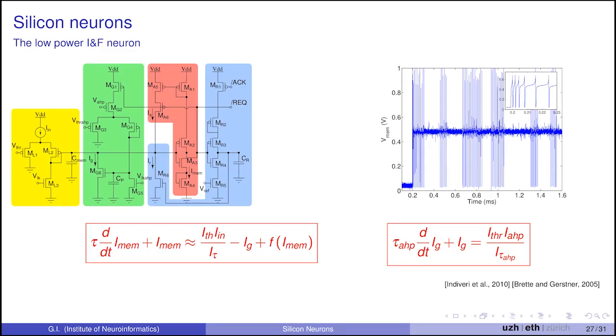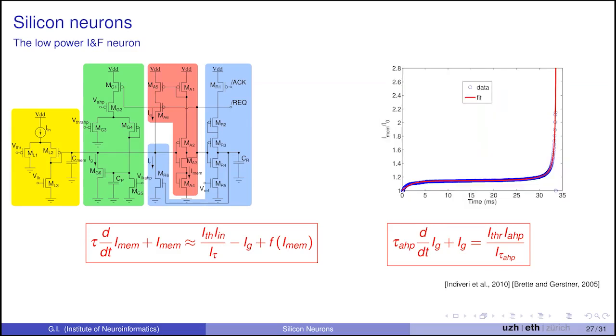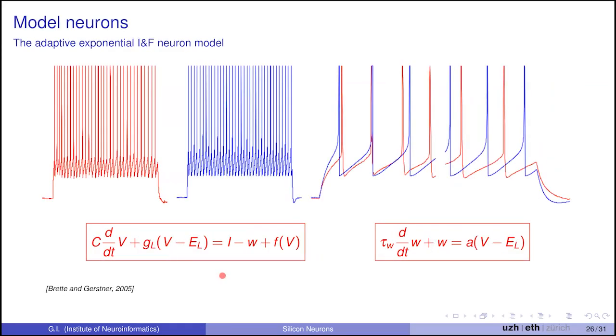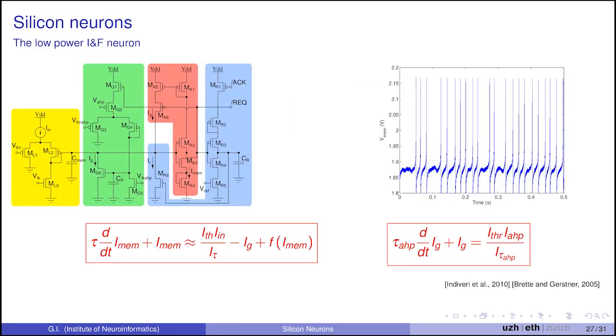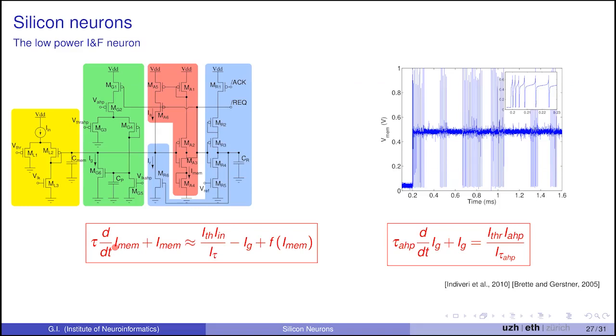But in addition to being able to model real cortical cells and fit with the state of the art from theory, the really great advantage of this circuit is that it's ultra low power. It's been designed to minimize power consumption. And the reason that this is ultra low power is that there is this positive feedback.